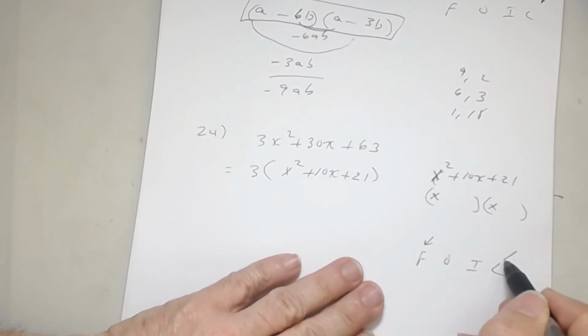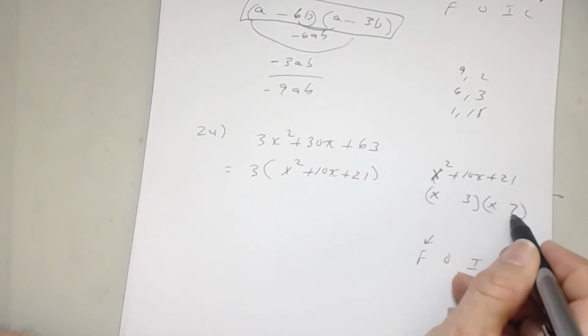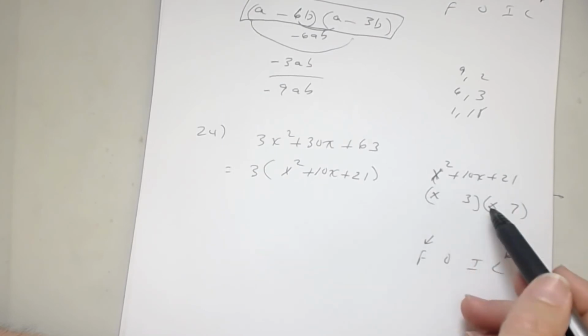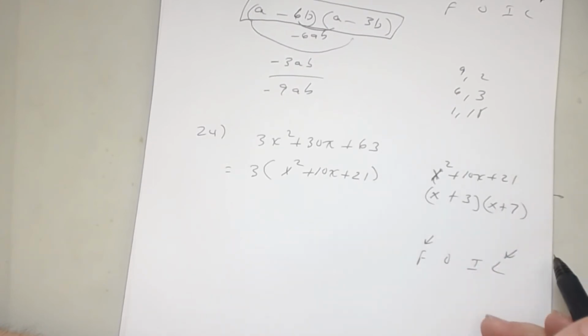X and x. L, 21. There are 2 possibilities: 3 and 7, 21 and 1. So what do you want to try? 3 and 7. Last sign is positive, so the signs have to be the same, and they're both going to be positive, because there's no way you can get a positive middle term.